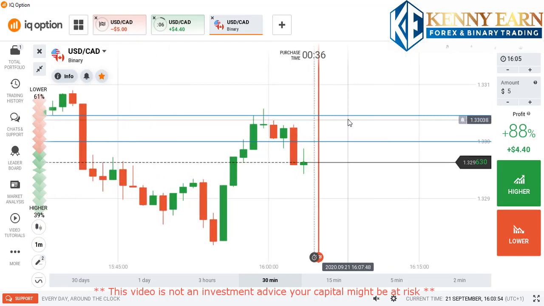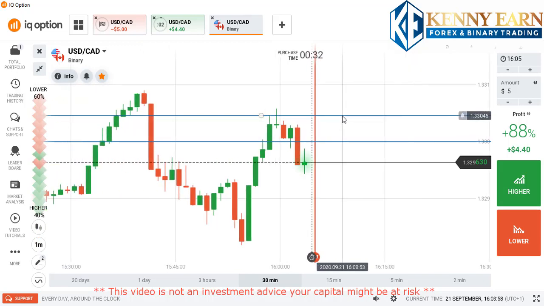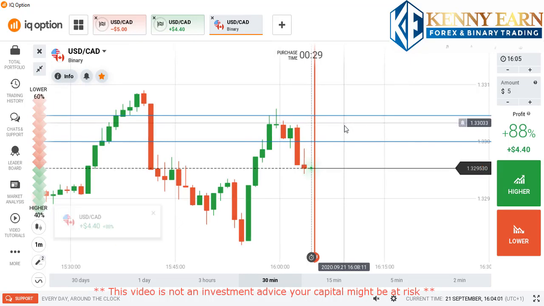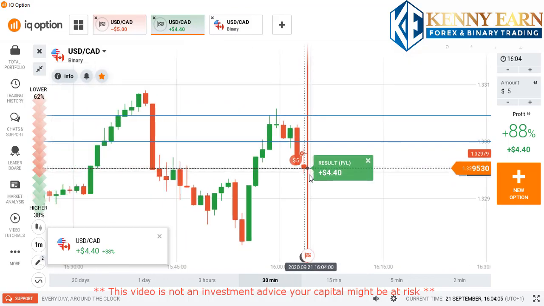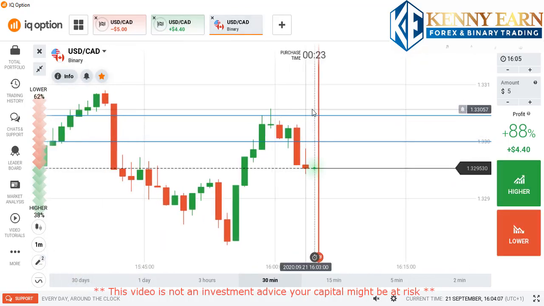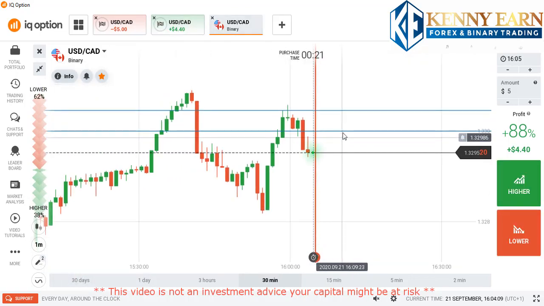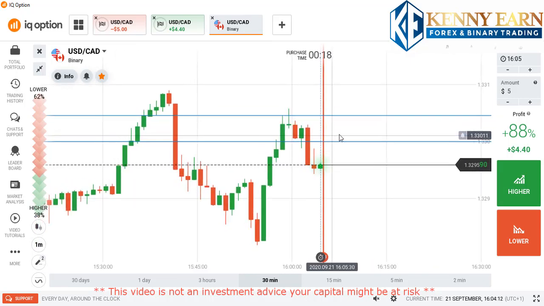Okay, let's see the close of this candle. Okay, very good. I want that trade, you can see, just as we predicted. So let's observe the market, and we'll place our trade on the next candlestick.